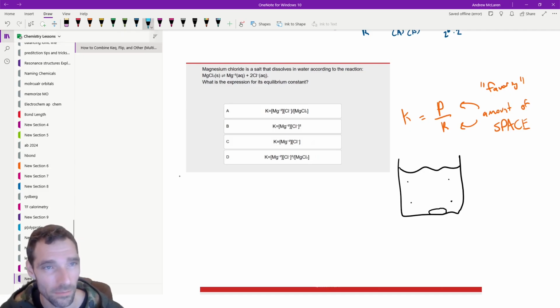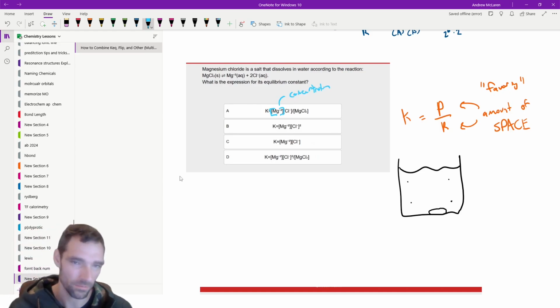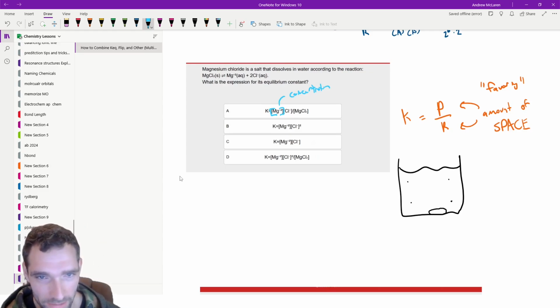And if you look at how we're writing these things with the brackets, that actually is referring to concentration. So if we're talking about a K equilibrium with ions, it's kind of implied with how we write it that you're just not writing in this solid right here. This solid means that it's not included in its K equilibrium.